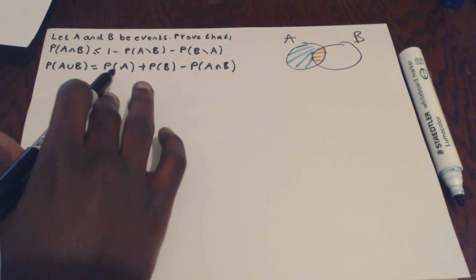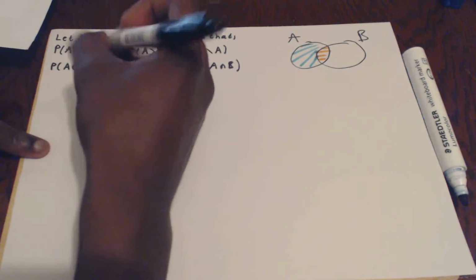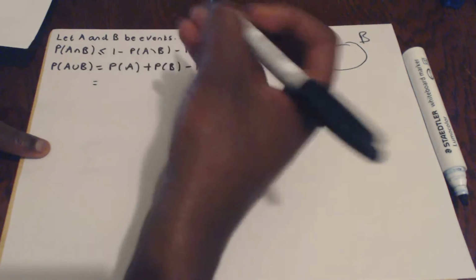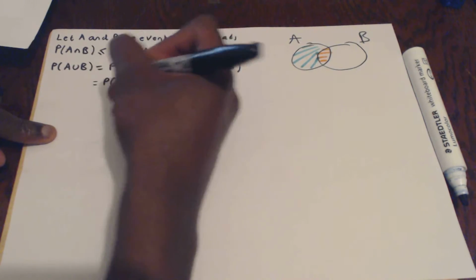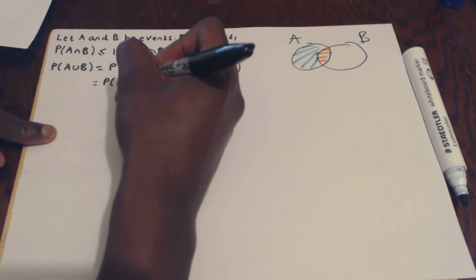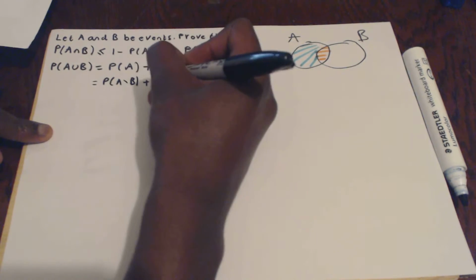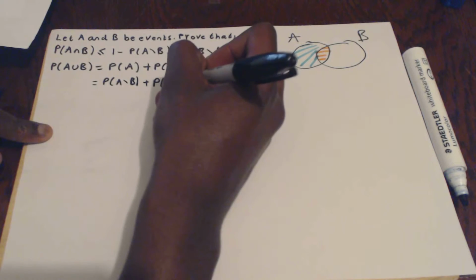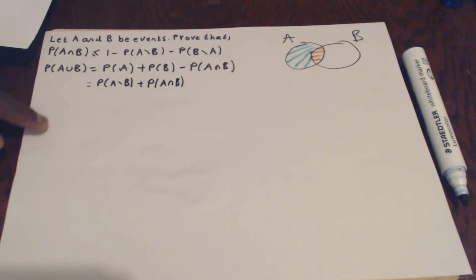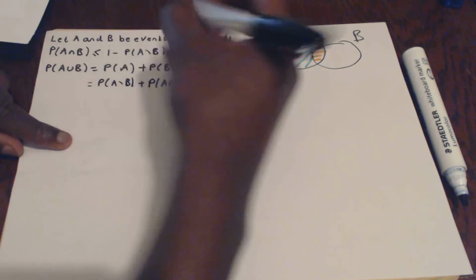So we can write that the probability of A, which is the union, is equal to the probability of A set difference B plus the probability of A intersection B. And I can do the same thing for B as well, just by the same logic.